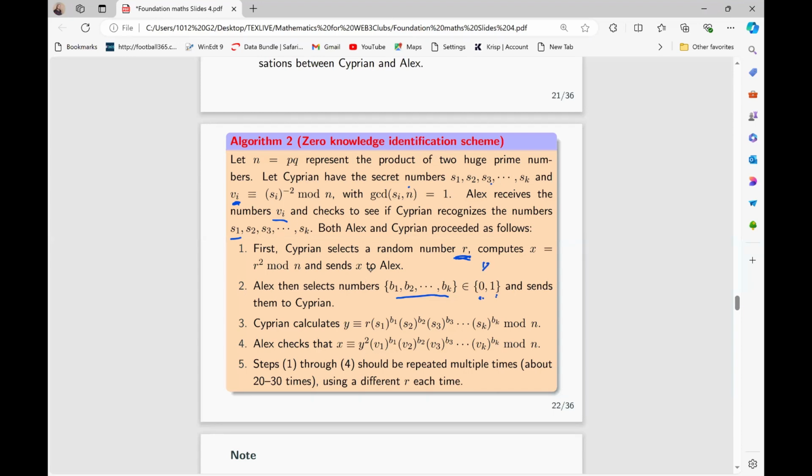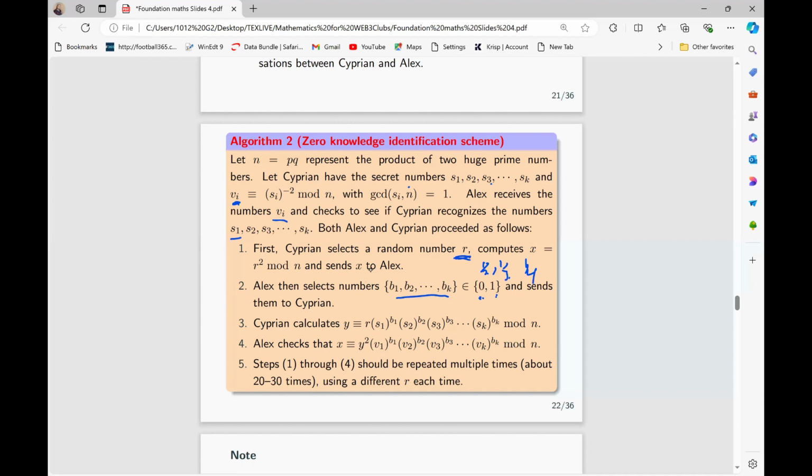For instance, it could be a half, a third, a fourth, and so on. He sends you those numbers from 1 up to k. So when you receive these, you're supposed to convince him that you know what S is.